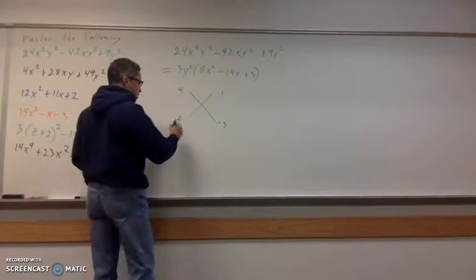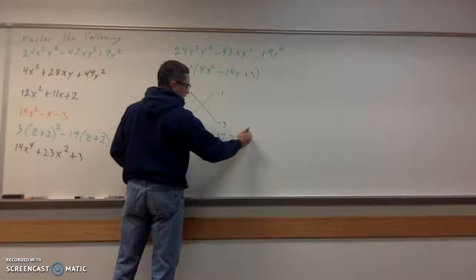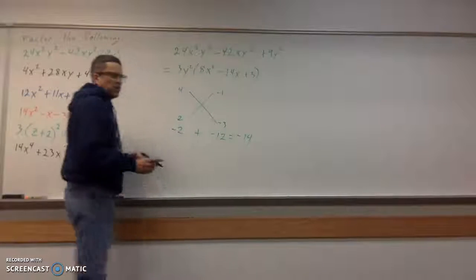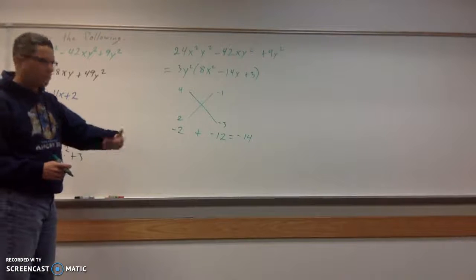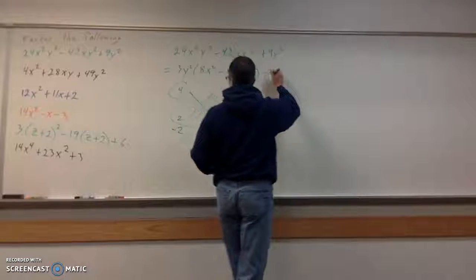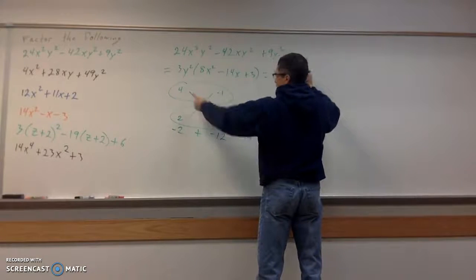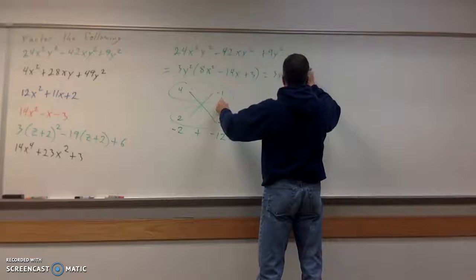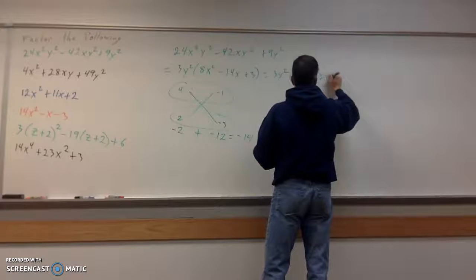Long story short, I know that they were going to add up to 14 negatively. So you can kind of forecast some of these in advance. As you do more of these, you get pretty quick. So factors are going to be, don't forget the 3y squared times the 4x minus 1 and 2x minus 3.